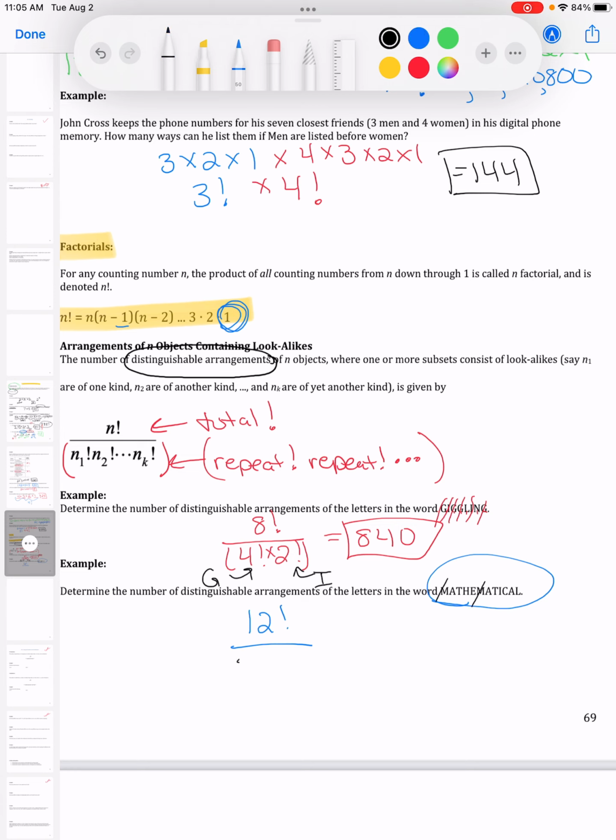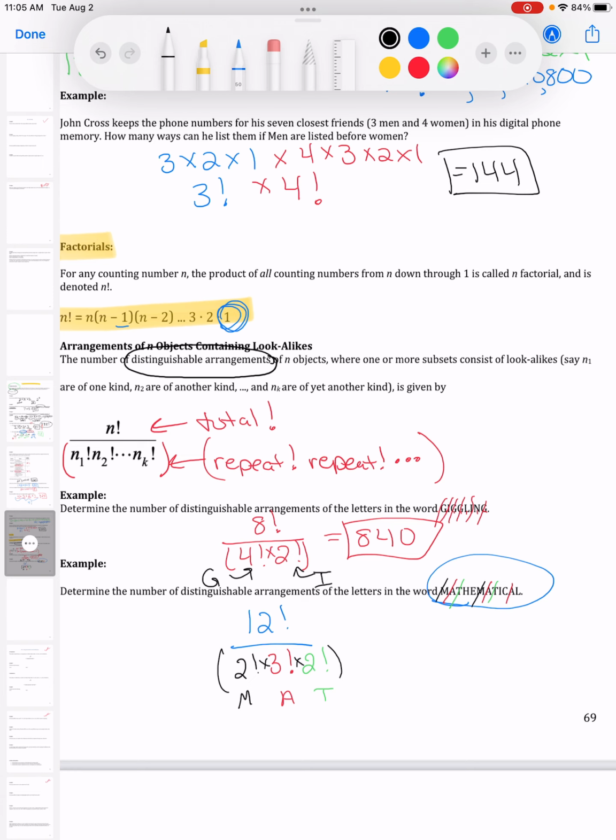M repeats 2 times. A repeats 3 times. And T repeats 2 times. I guess I should label those. And remember, we're going to put that in parentheses.